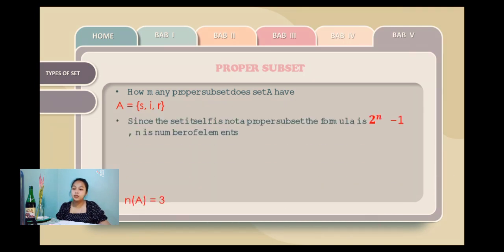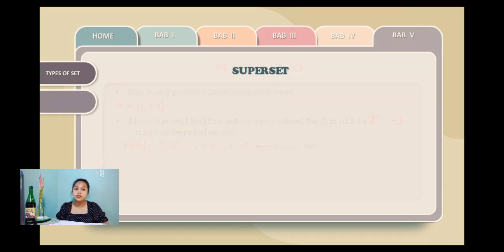Since the set itself is not a proper subset, the formula is 2 to the n minus 1. N is represented as the number of elements. The cardinality of set A is equal to 3. 2 cubed minus 1 is equal to 8 minus 1, which is equal to 7. So, the number of proper subsets is 7.